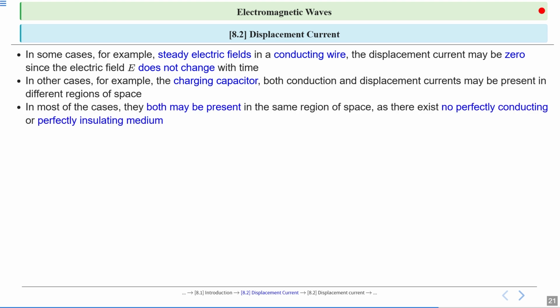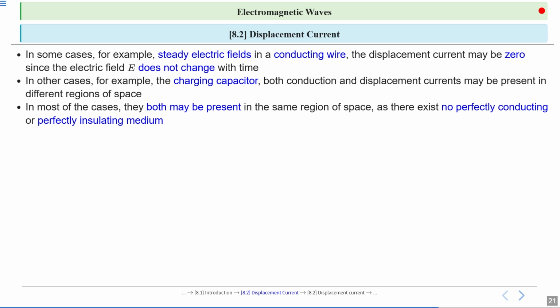In most cases, both may be present in the same region of space, like if we are inserting some dielectric material between the plates of the capacitor. There will not be conduction current, but no dielectric is perfectly insulating.